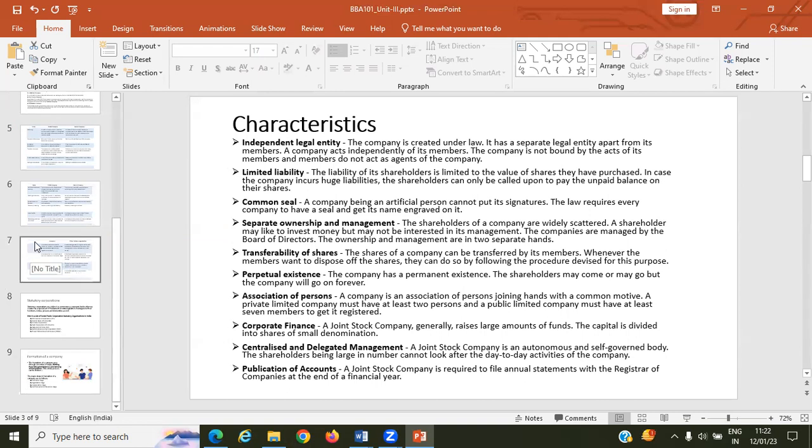We'll discuss how a company is getting formed, what are the different steps, how a company is created and incorporated, and what certificates we are going to have. We'll take a quick break here. Then in maximum one slide we will understand how a company is getting created in this unit. Then we'll go to the next unit.